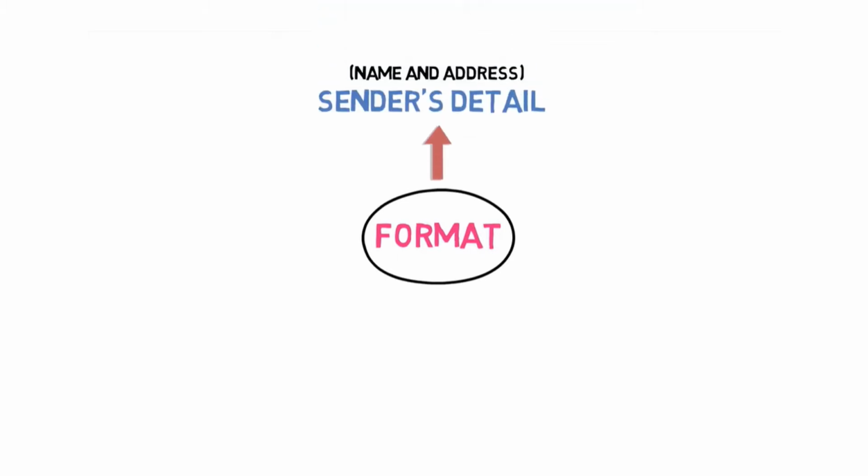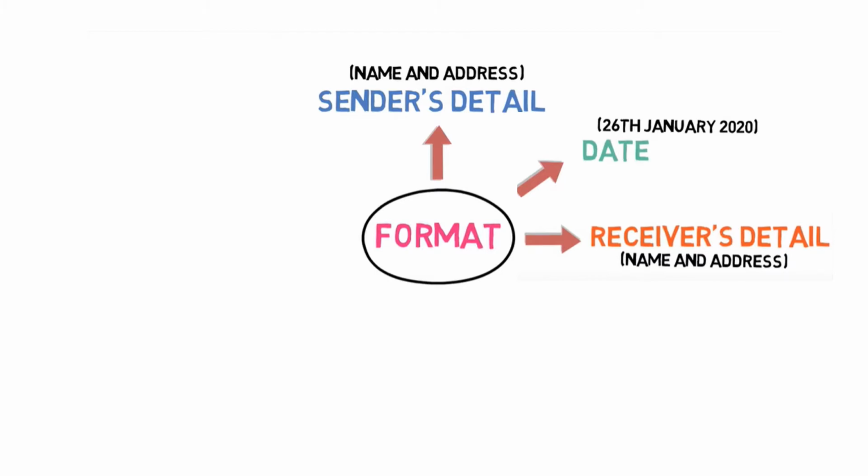The first one is sender's detail. Here the sender's name and address come, and he is the one who is writing the letter. Number 2, date on which a letter is written. Suppose you are writing the letter on 26th January 2020.